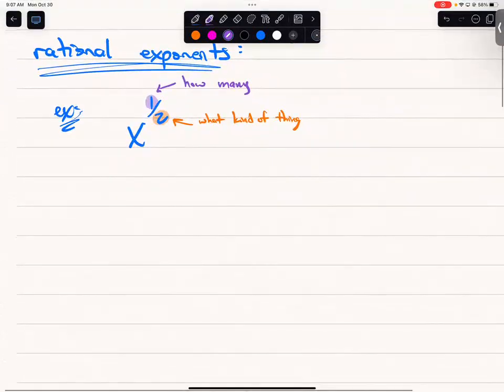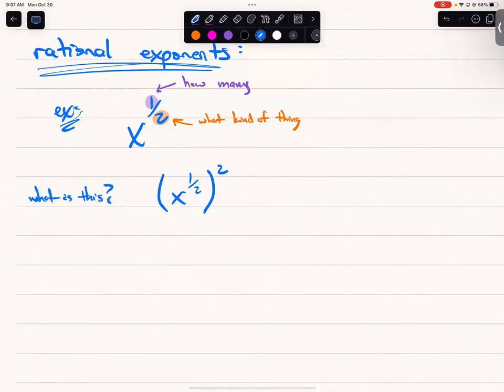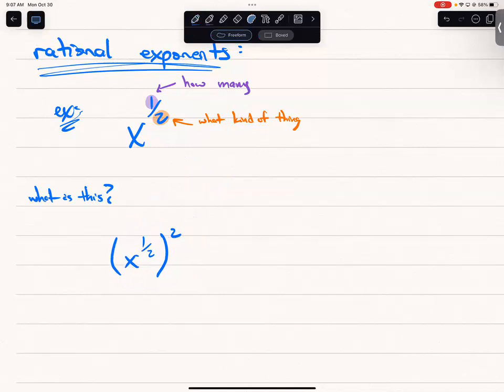Okay, so let's figure out what on earth x to the 1/2 means. If we're not sure, let's just try doing something to it. Whatever it is, let's square it. What is this? IDK, let's try something.